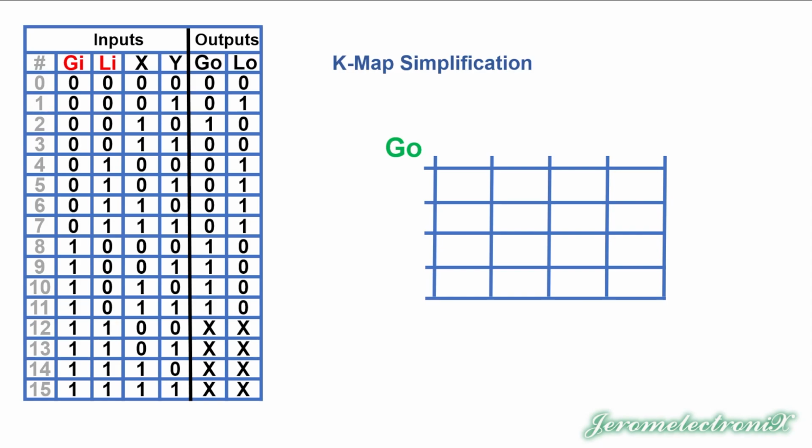Now, I'm going to do something that I haven't been doing a lot. I'm going to set this up with the GI and LI on the top. And there's GI, double knot, left knot, no knot, and right knot above the columns. Right away, because I've made the decision to put the GI first, and because GI is the first on the left in the truth table, the cell numbers will always go away from that first variable in the truth table.